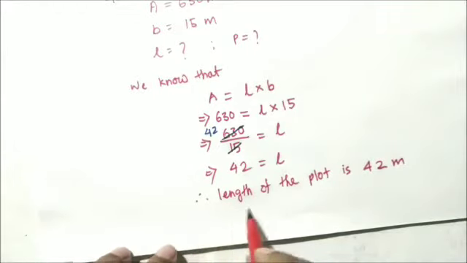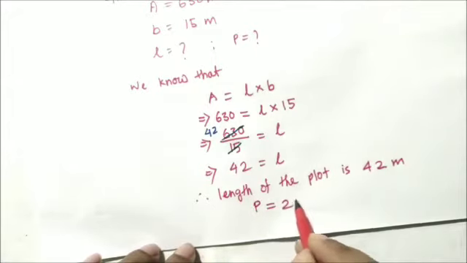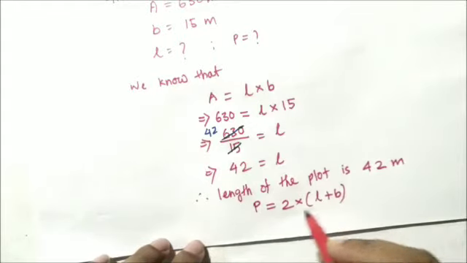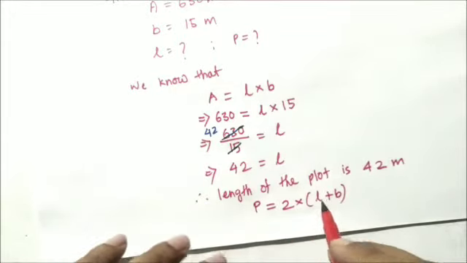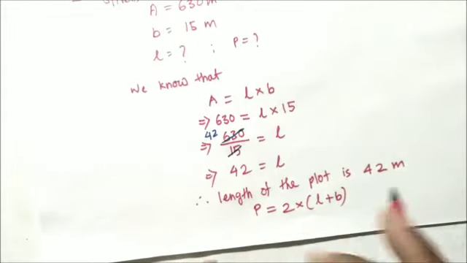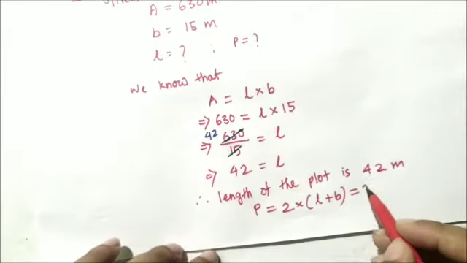Then one more thing, they also ask the perimeter. So the perimeter will be what? 2 into length plus breadth. In the previous video we discussed how to find the perimeter of a rectangle, and there we got this formula, 2 into (L plus B).